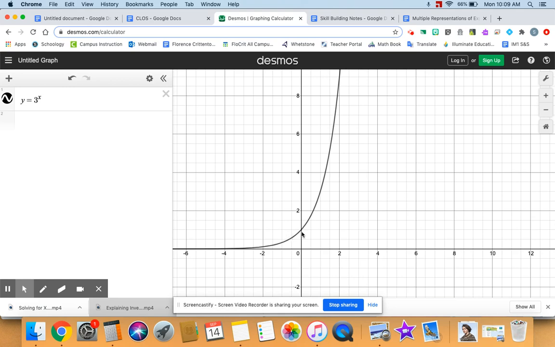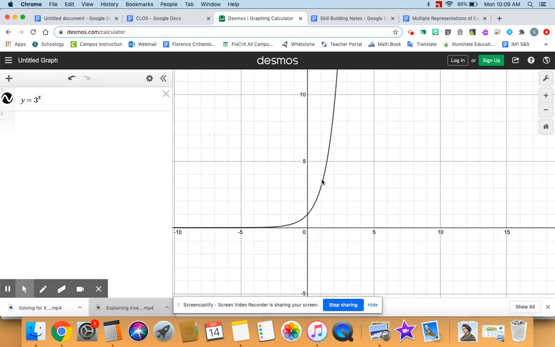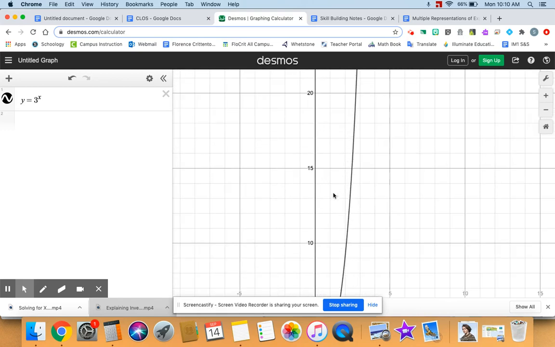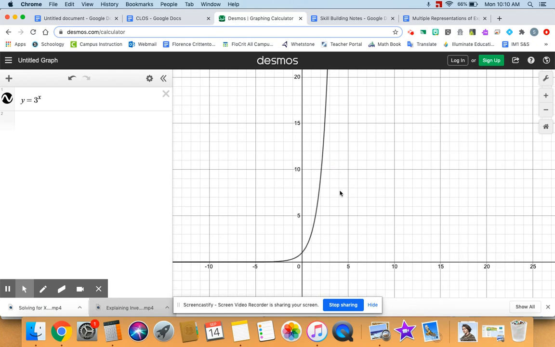It grows slowly at first and then very, very quickly because it's the multiplicative growth, where you're multiplying by the same number each time to get the next number, so it shoots up really fast.